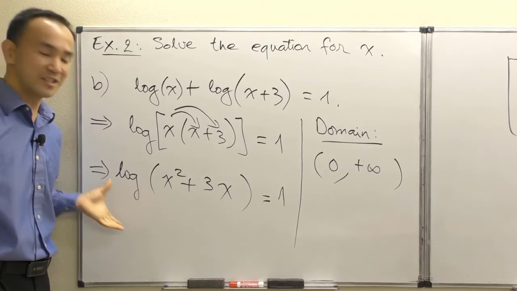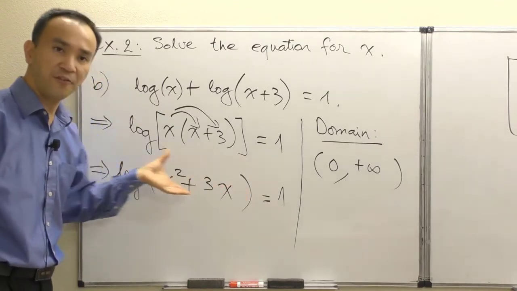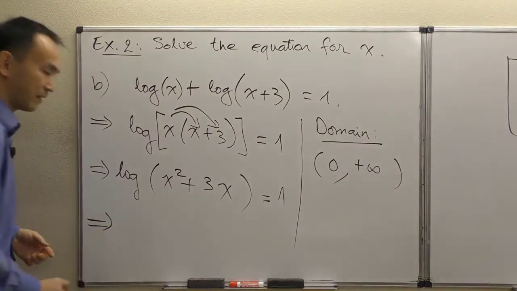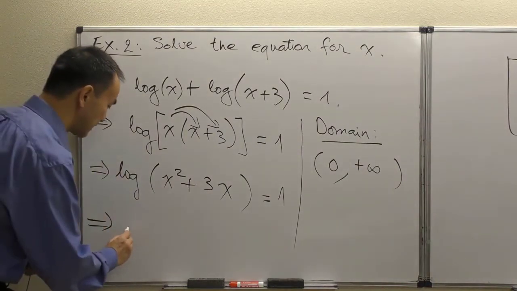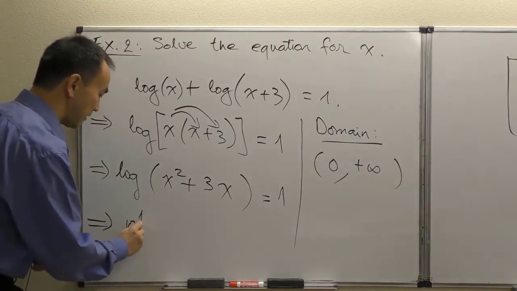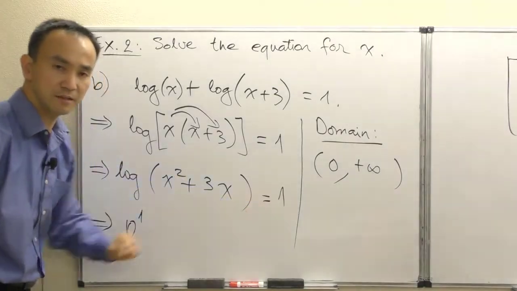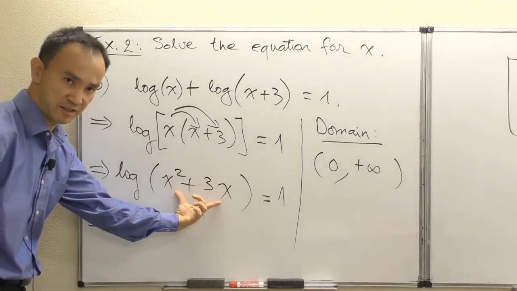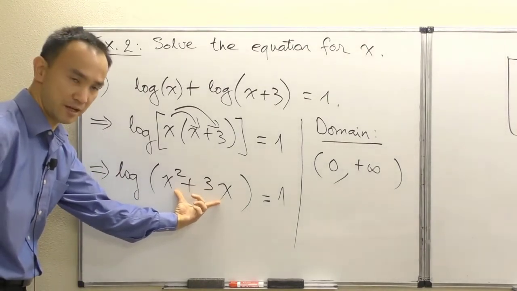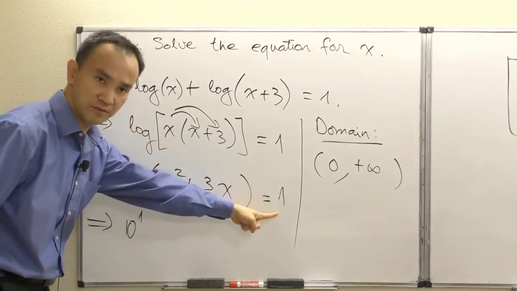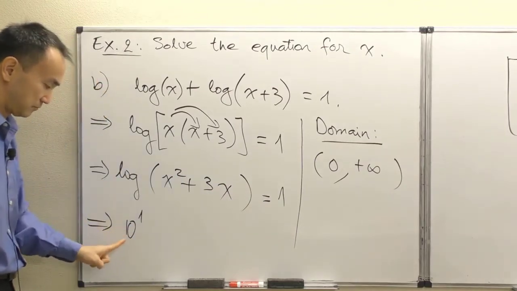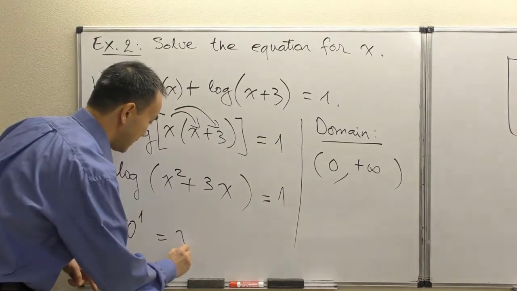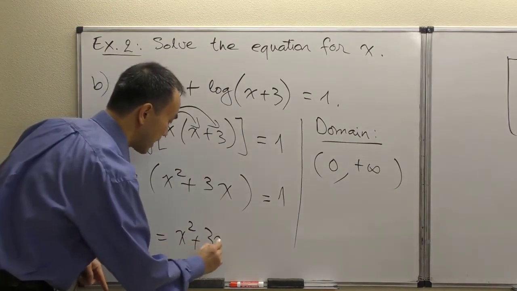So this is an equation in logarithmic form, and now I'm going to turn that into exponential form with base 10. So I'm looking at 10 to the power 1. Log base A of an expression big X equals a value y is the same as base A to the y power equal to X, which here is x squared plus 3x.